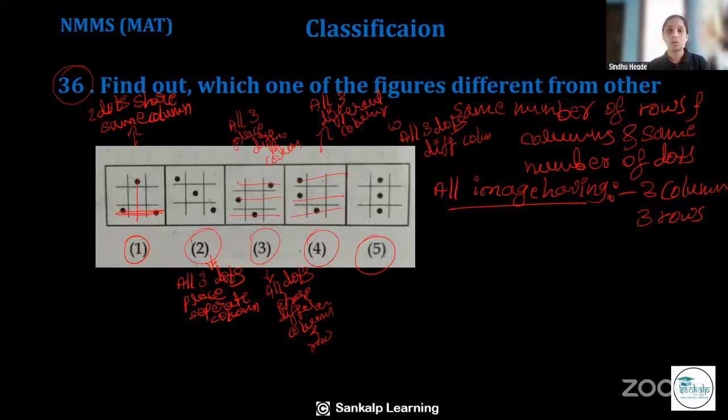Only see their columns, okay? Then image 5, 1, 2, 3. This is our column. All 3 are placed in different columns.